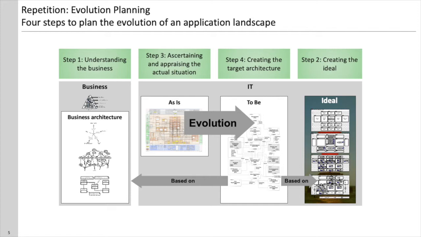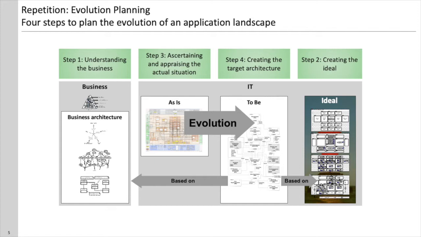Step 2 is thinking about how the application landscape would look in an ideal world. And here the picture of the beacon characterizes what that ideal is good for. It is the point that gives us the orientation, that tells us where to go. That is somewhere at the horizon, showing us the land we want to reach.